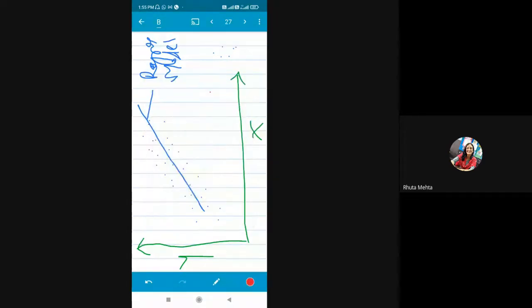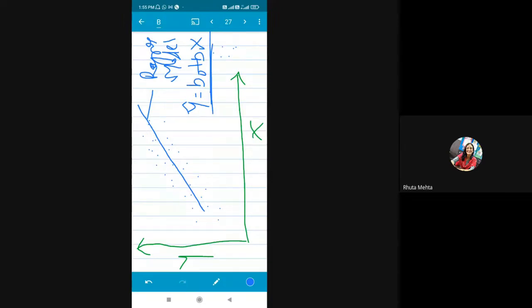Now here, kindly focus on the color. Blue is my imaginary line which I draw for the regression model. And what is going to be the regression model? We know it is going to be y hat equals b0 plus b1 x. This is my imaginary line.